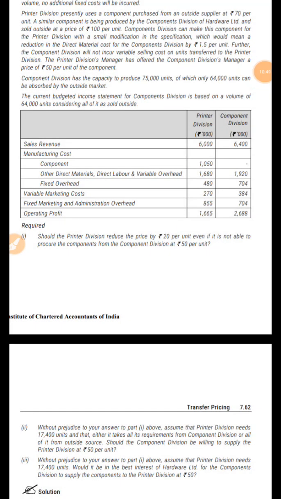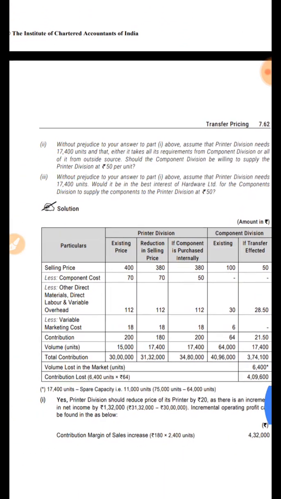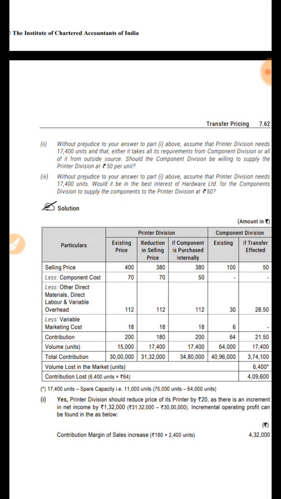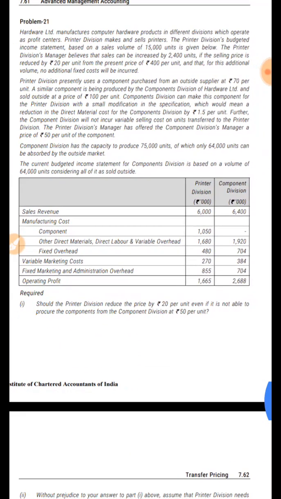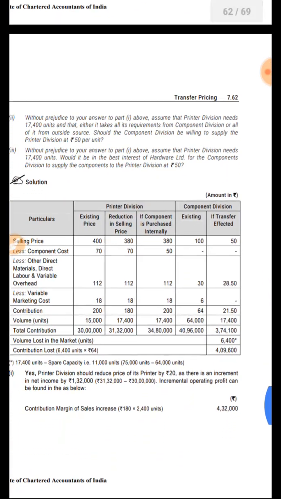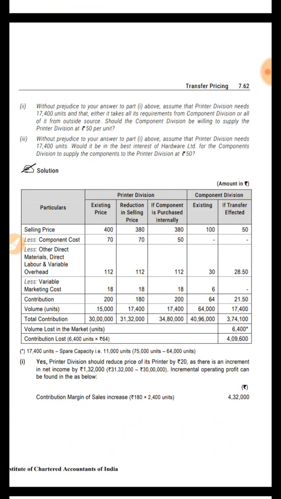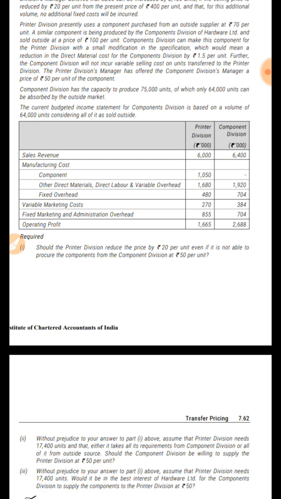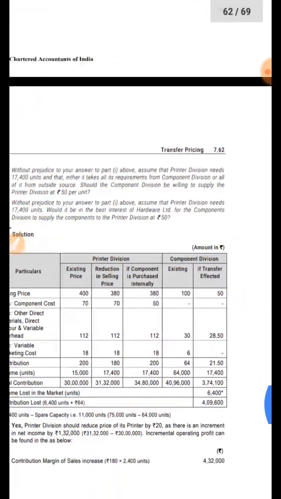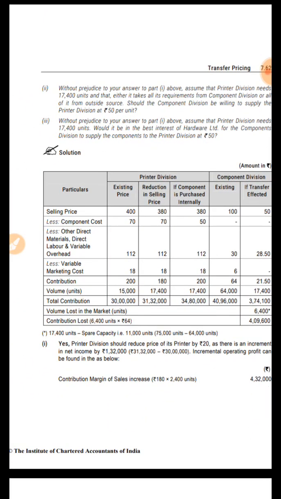You will get 112. So other direct material you got. Then variable marketing cost 2,70,000 divided by 15,000, 18 rupees each. That's all variable; others are fixed. So we just reduce the variable cost.